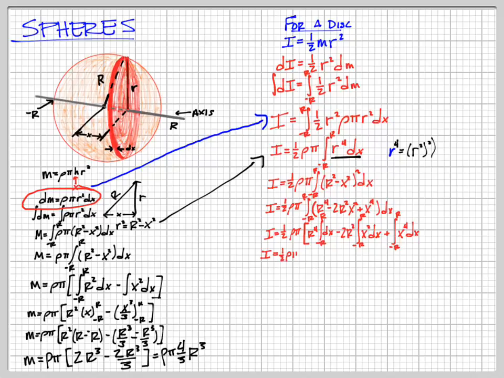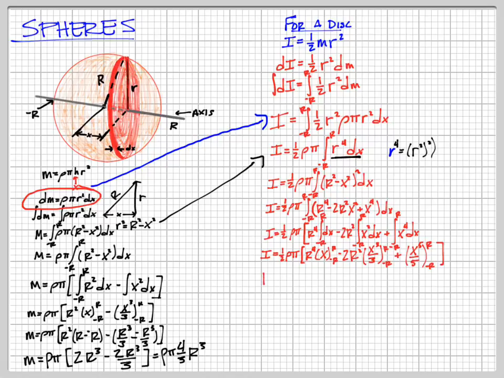As we plug in our limits, it's 2r for each one of those. And we'll go step by step just so that you can see it. So, the first one gives me x, the second one gives me x cubed over 3 from the same limits, and the third one gives me x to the fifth over 5 for the same limits.